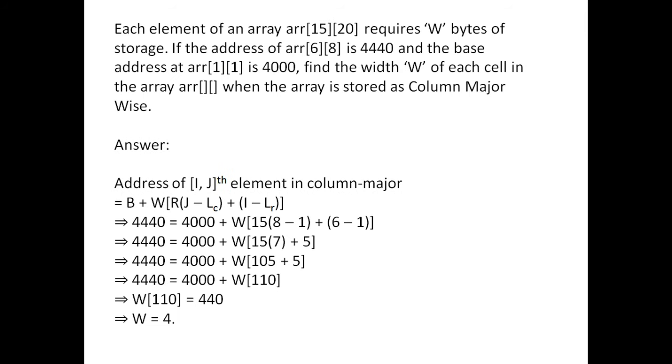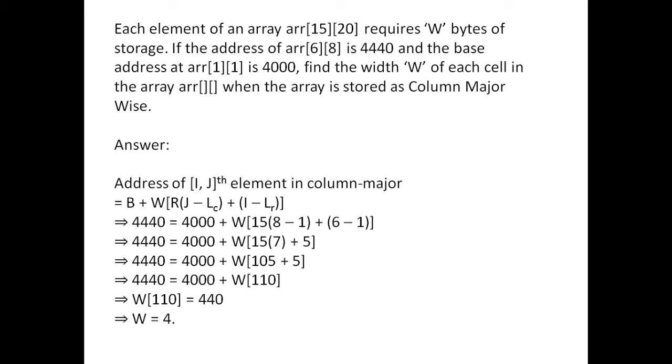Let us move to the second question. Each element of an array named ARR[15][20] means the number of rows is 15 and the number of columns is 20, and requires W bytes of storage. Here the byte size is not given, W is there. If the address of ARR[6][8] is 4440, and the lower row becomes 1 and lower column becomes 1, the base address is given at [11].